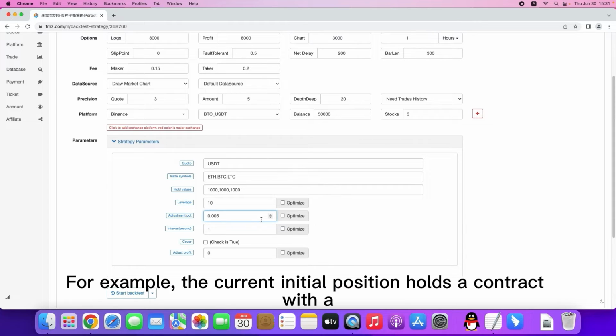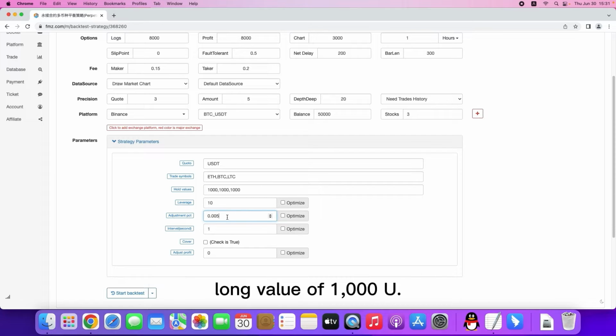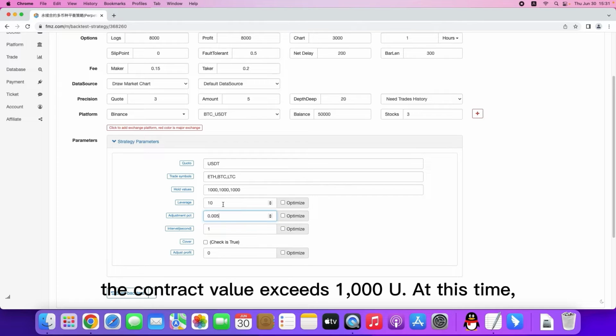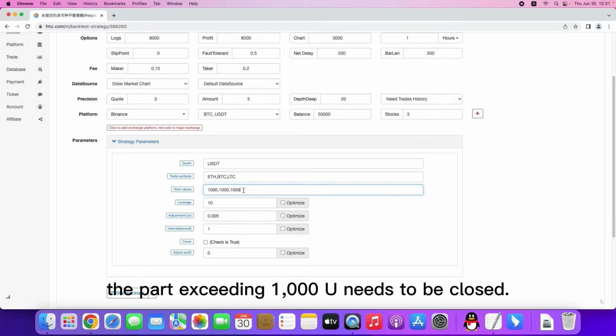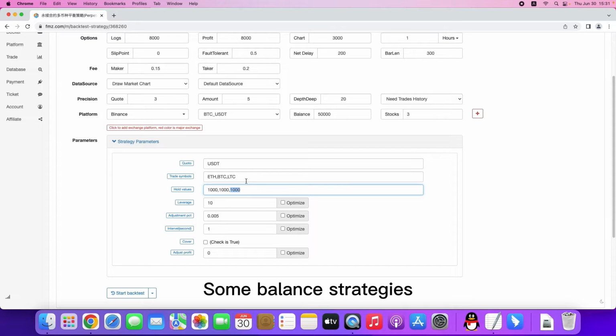For example, the current initial position holds a contract with a long value of 1,000 U. When the price rises, the contract value exceeds 1,000 U. At this time, the part exceeding 1,000 U needs to be closed. Some balance strategies may be set to make a balance every time the value diverges from 1,000 USDT.